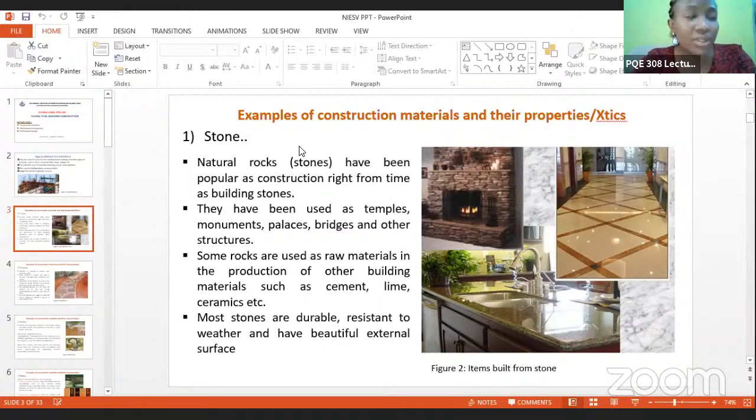Aside from igneous rocks, we have sedimentary rocks like sandstone and limestone. Sandstones are porous, that is, they are prone to dampness. And we have limestones.